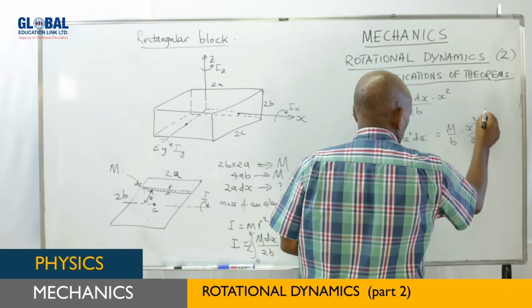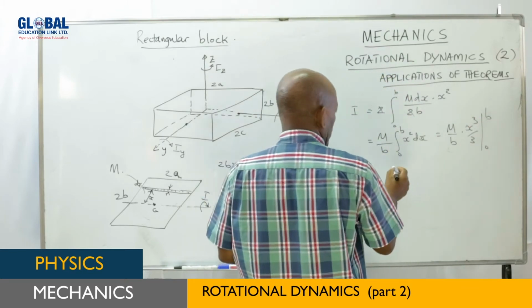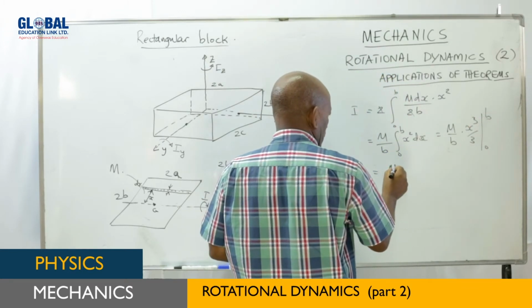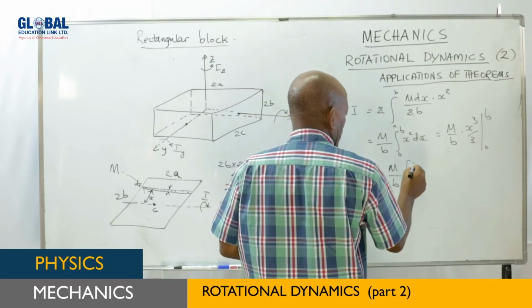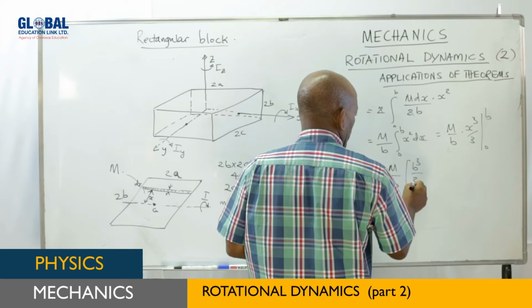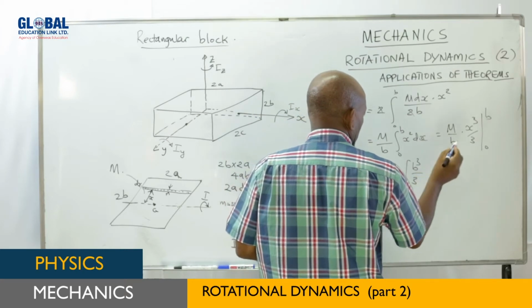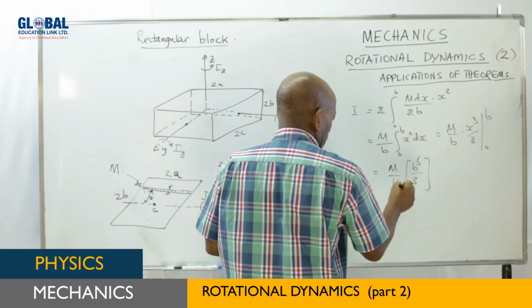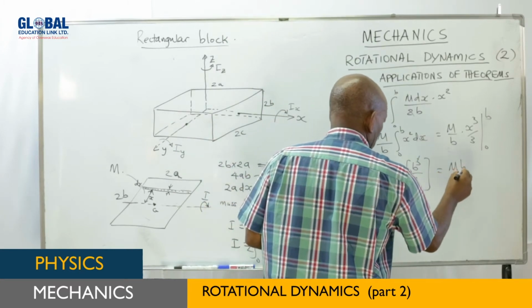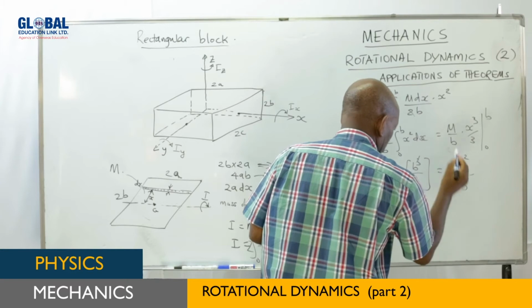Substituting from 0 to b, we have m over b times b to the power 3 over 3 minus 0, and so we get mb squared over 3.